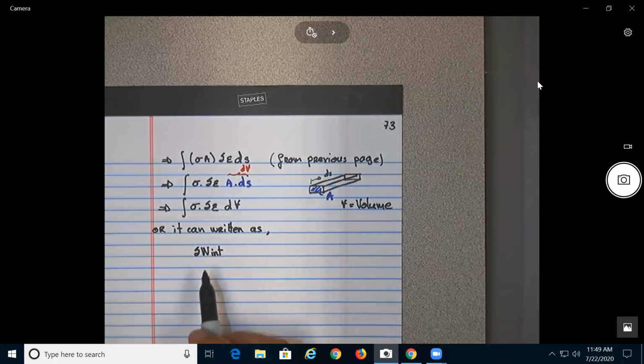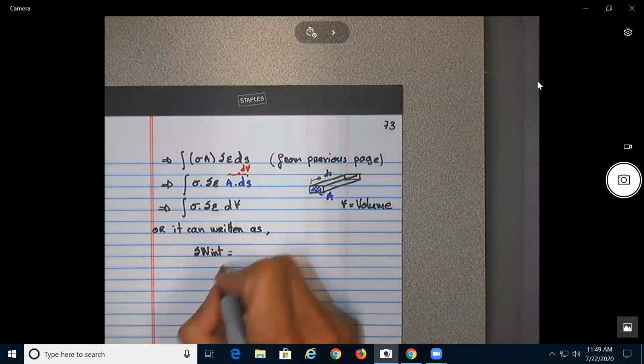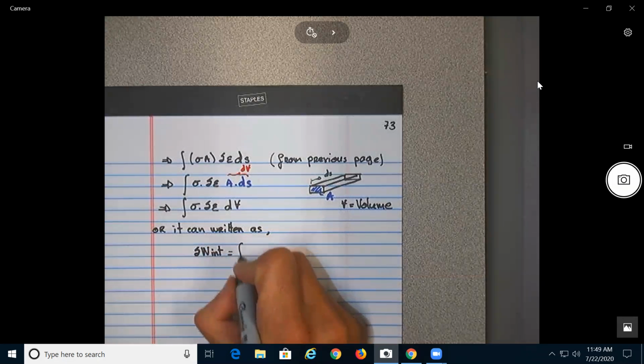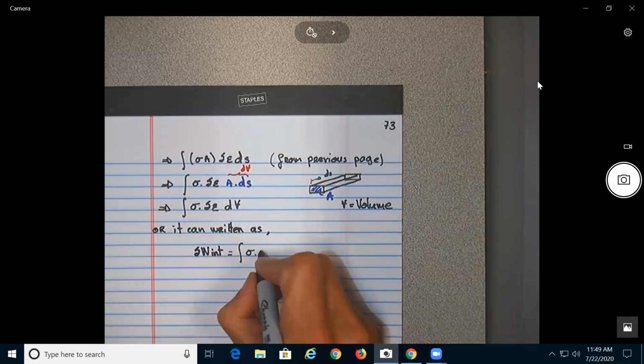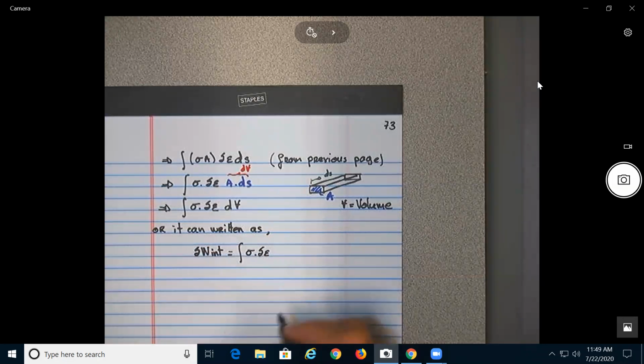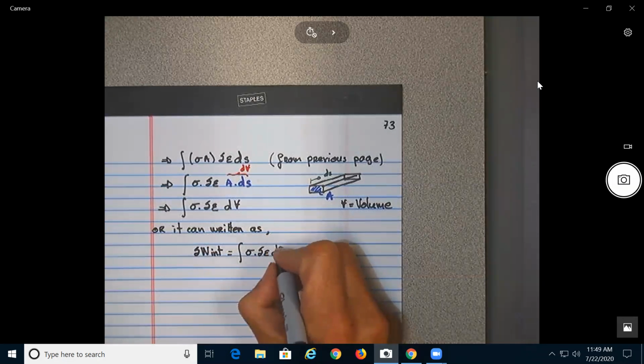So we call this virtual work, but since we call it internal virtual work, I'm just going to put virtual work internal. In this case, it will be equal to what? Stress times the virtual strain, which is a deformation, dV.